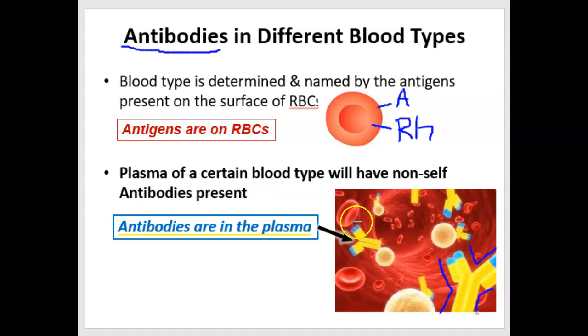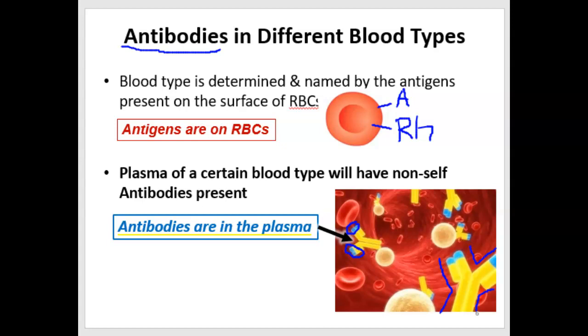And the tips of the antibodies that are colored blue can bind to antigens and neutralize foreign antigens or tag a foreign cell to be phagocytized.